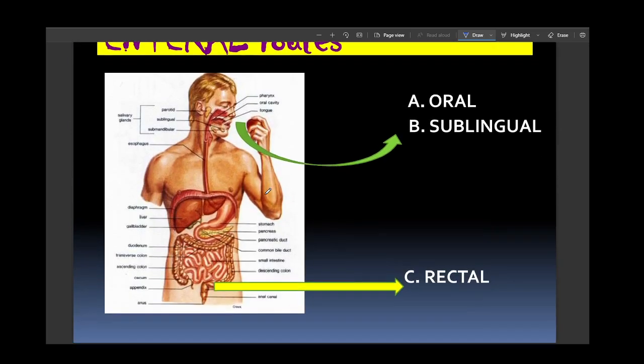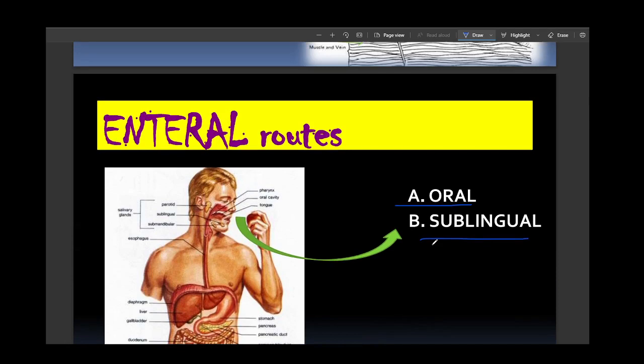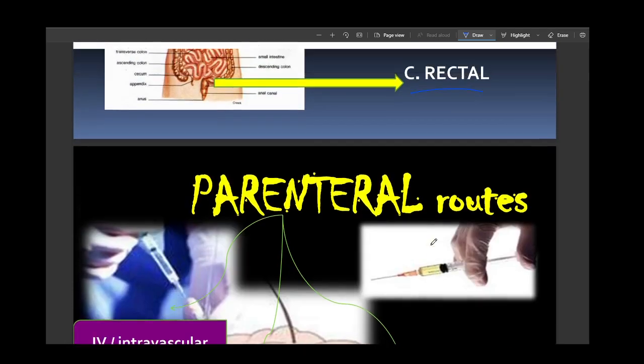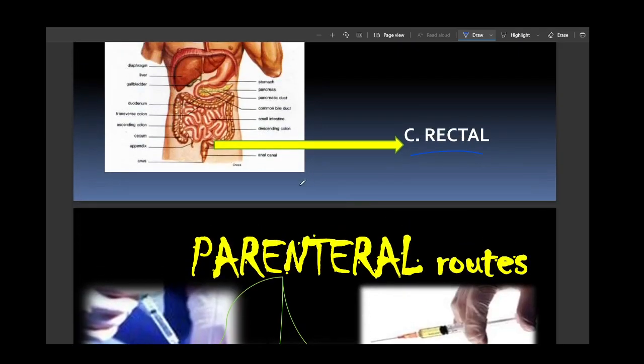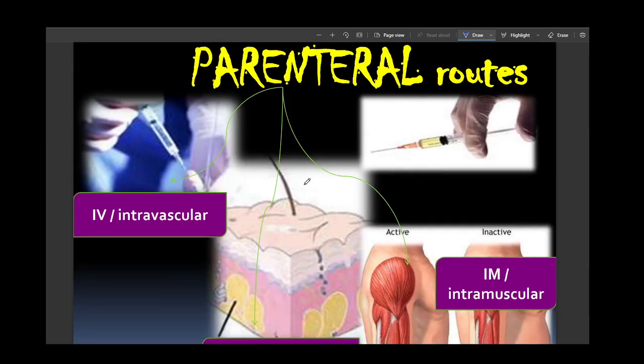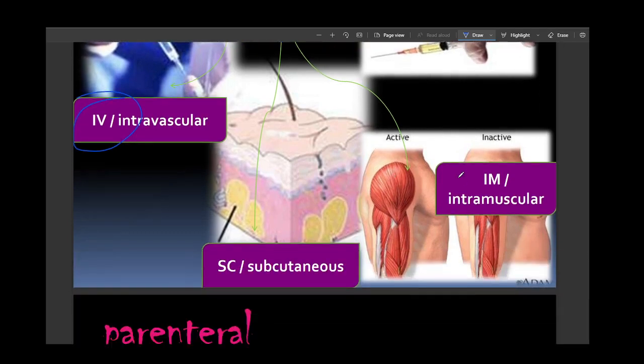Then there are the enteral routes: oral, sublingual, underneath the tongue, and the rectum, because the rectum is also part of the GIT. The parenteral routes are the IV route, the IM route, and the subcutaneous route.